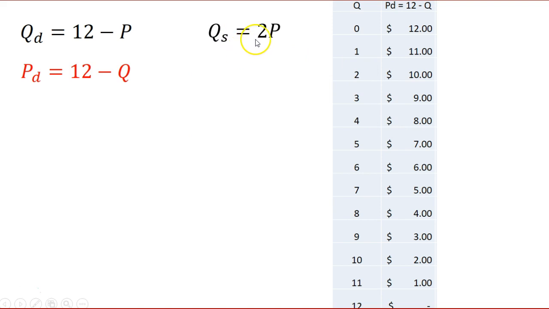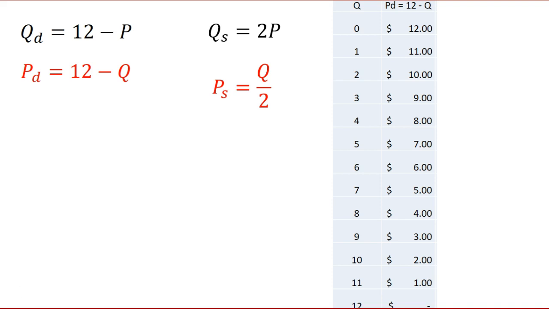So what we can do is simply divide through by 2 on the left hand side and divide through by 2 on the right hand side, so that the 2's cancel out on the left hand side, and we're left with quantity divided by 2 equals P, or just the other way around, the supply price equals the quantity divided by 2.